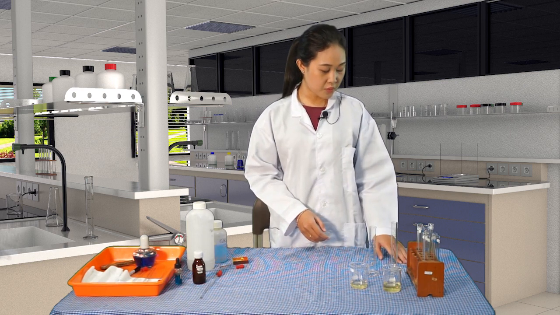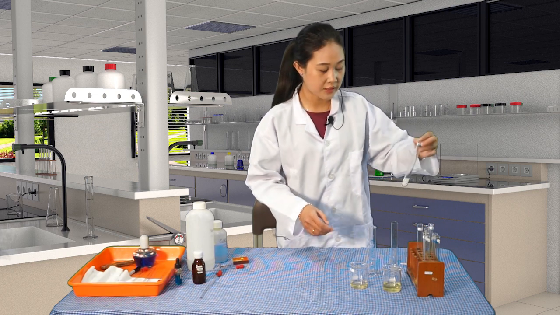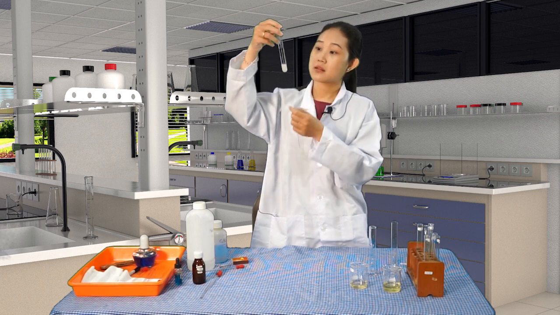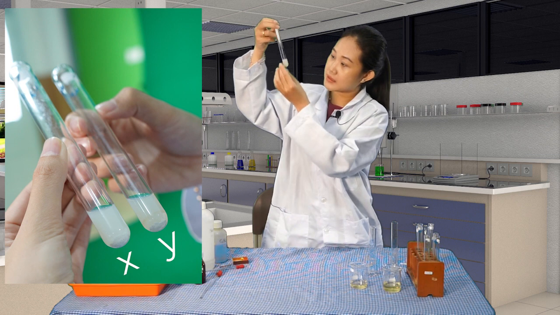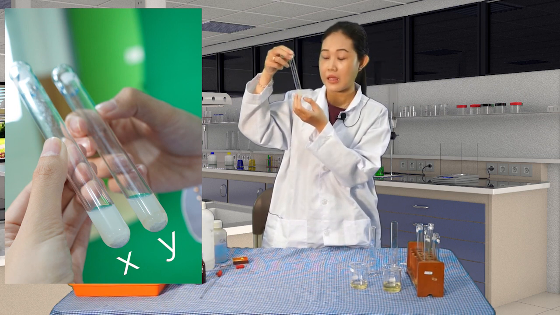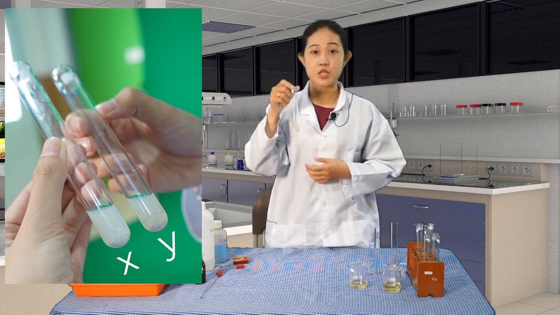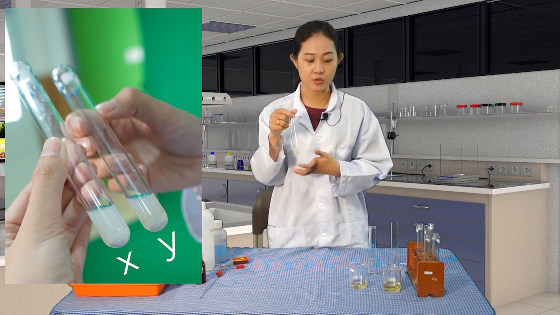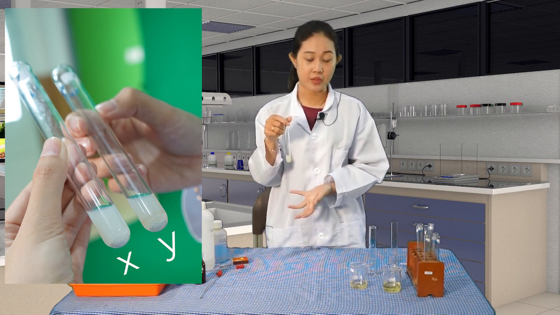Okay, so let's see the chlorine test that we conducted earlier. If we look closer, this is the sample X. We can see a little bit of precipitation in the sample, and the color changes into milky or whitish, which means that this is normal to be found in normal urine, because as we know, chlorine might be present in our urine as well.